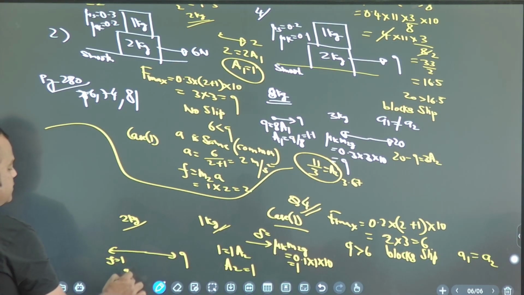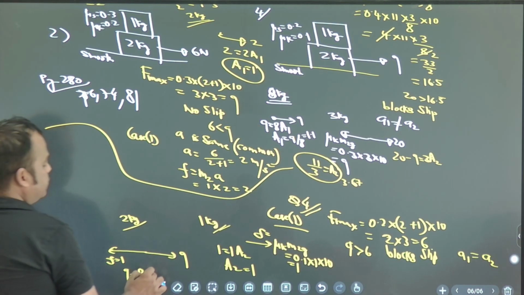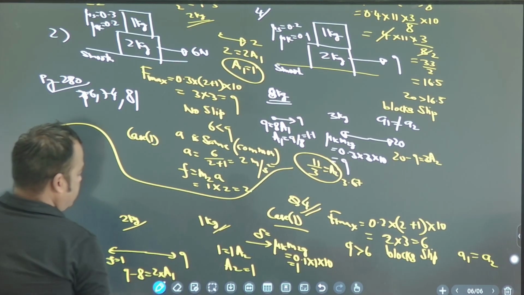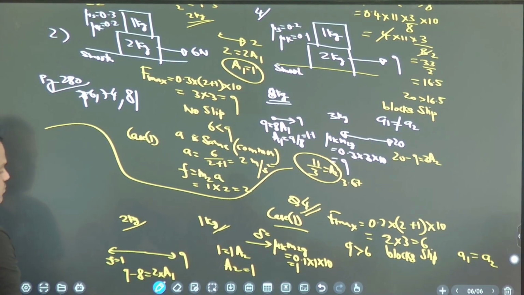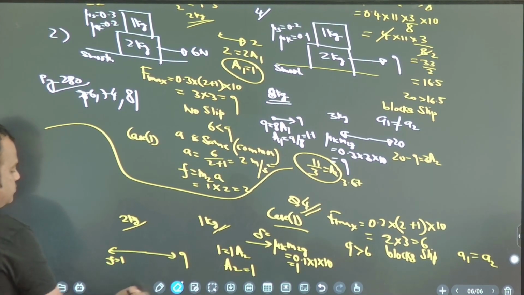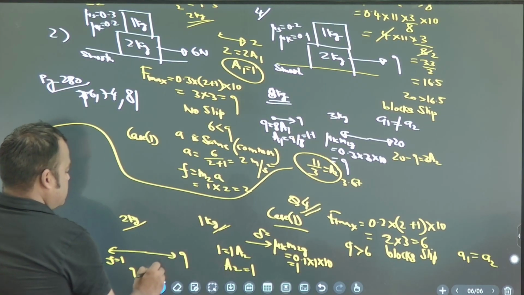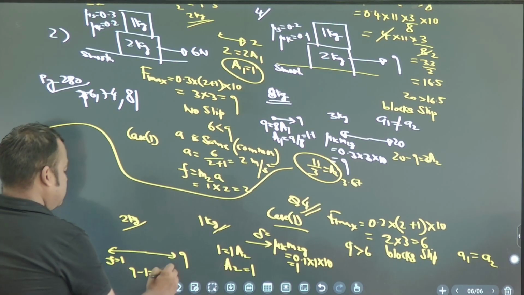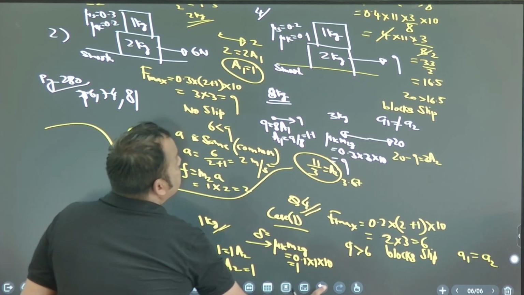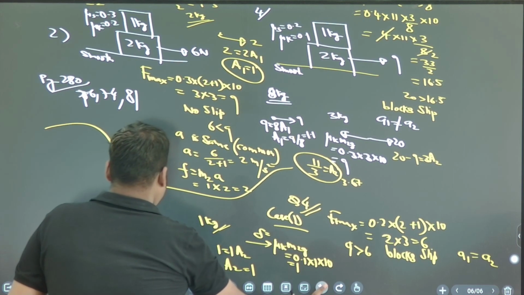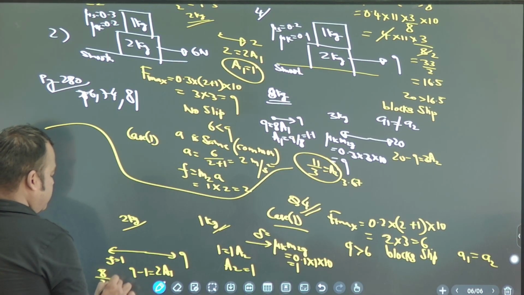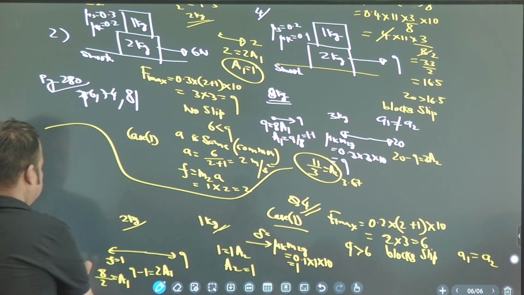So 9 minus 1 is equal to m1 a1. Correct. 9 minus 1 is equal to 2 into a1. 8 by 2 is equal to 4.